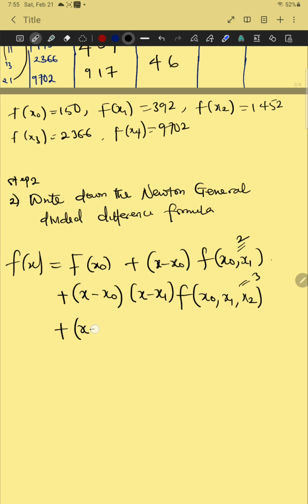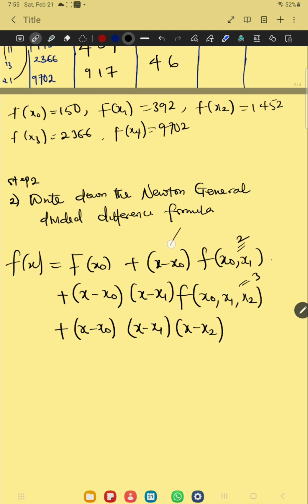I come here and continue my story. X minus x naught, x minus x1, x minus x2. You see, I just wrote one story here. Here I wrote two stories. Here I wrote three stories. Do you see that? What do I mean by story? The first one I started with x minus x naught. And my second line I said x minus x naught, not alone, x minus x1.